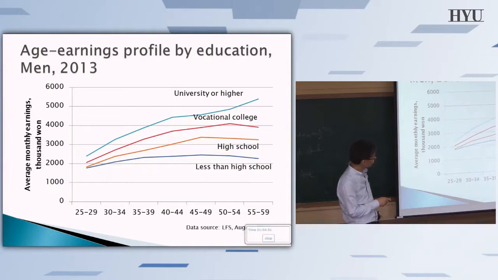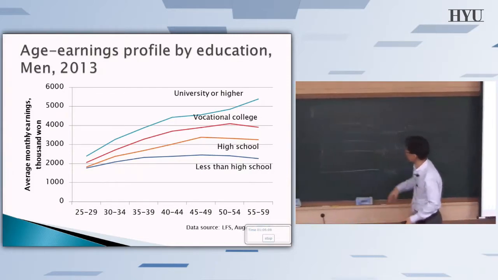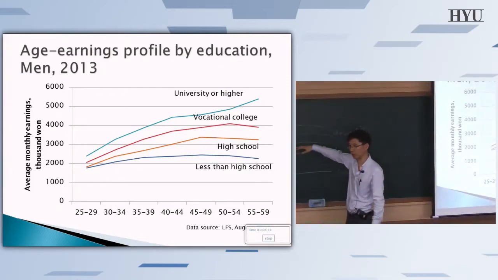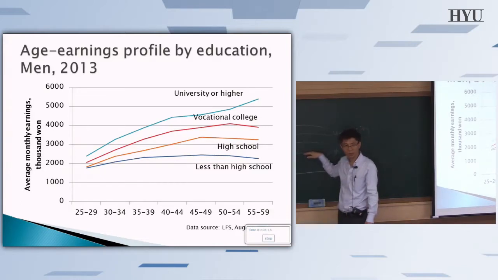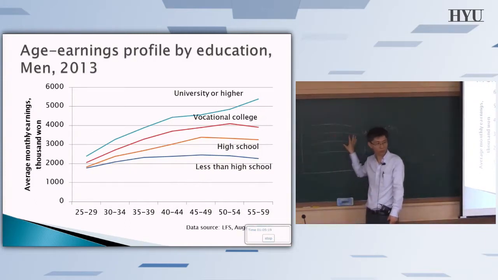So for that reason, while they are young, the wage differential across education groups is relatively small. When they are old, the differential is big. If there is no post-school investment, then theoretically the wage differential between young and old must be pretty much the same.